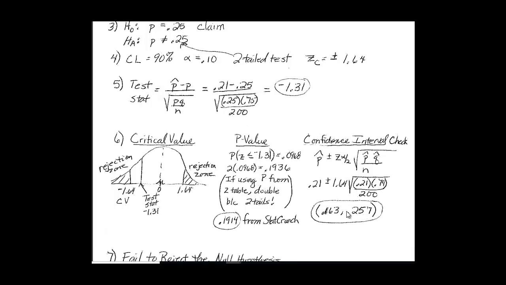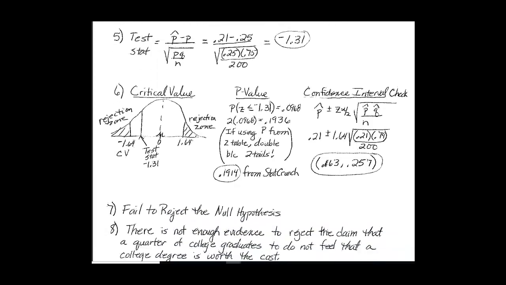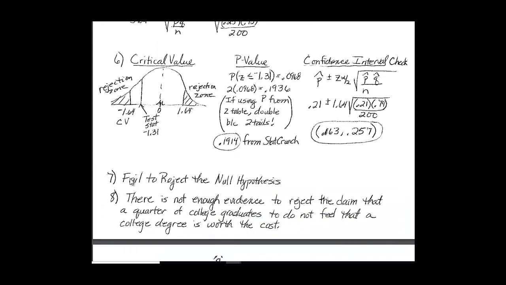That null hypothesis falls in our confidence interval range. So all 3 of these are saying that our test statistic fell within the normal range. So we really can't reject the null hypothesis. So our outcome is to fail to reject the null hypothesis. That's our decision. And our conclusion is there's not enough evidence to reject the claim that 1/4 of college students do not feel that a college degree is worth the cost.